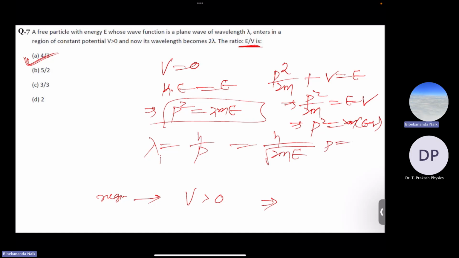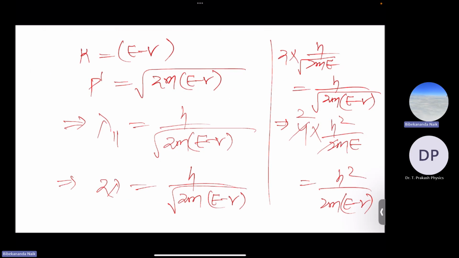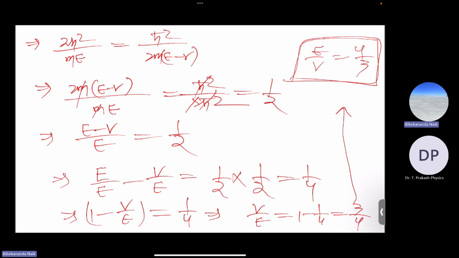Then P will be root over 2m(E minus V). Similarly here, P prime is root over 2m(E minus V). So we know lambda is equal to h by p. If you compare and calculate, we can get the ratio of E by V as 4 by 3.